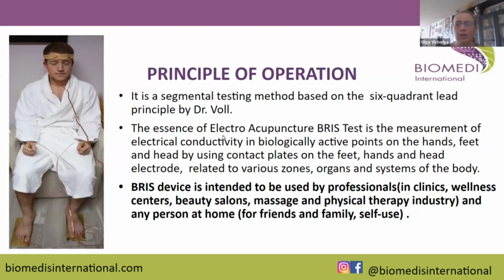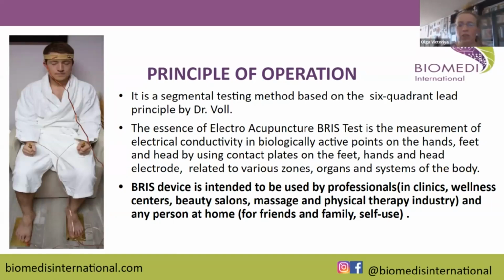In our first webinar, I was mentioning the German Dr. Voll. Dr. Voll had a device which was measuring the electrical acupuncture points, and the device BRIS has the same segmental testing method based on the method of the Dr. Voll machine.